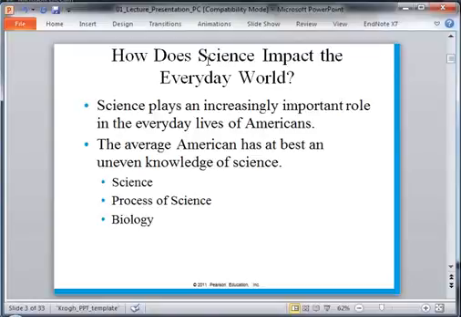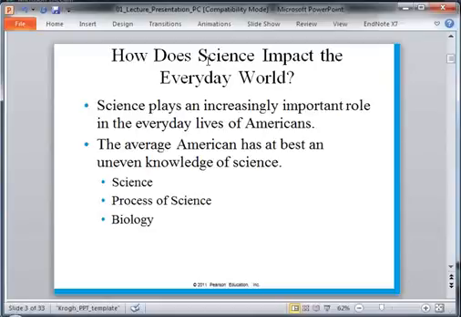Well, what do we mean by that? Well, everybody has different backgrounds and experiences with science based on the education that they've had. And that's really why you're taking this class, is because we want to smooth out some of that unevenness when we give you your education here to try and fill in some of those gaps, to make things make more sense, to give you a general understanding of science and the process of science.